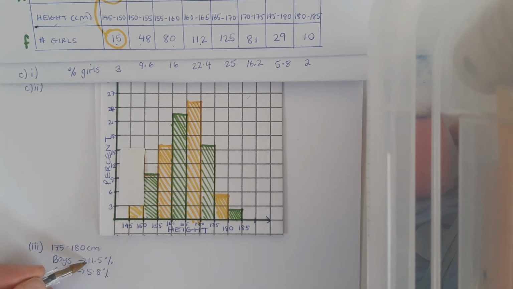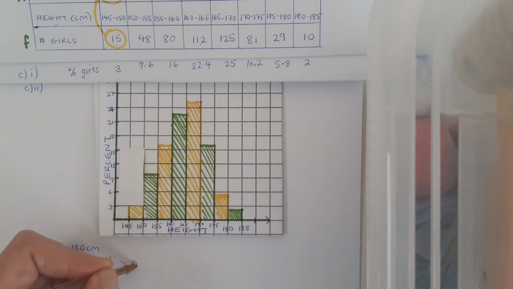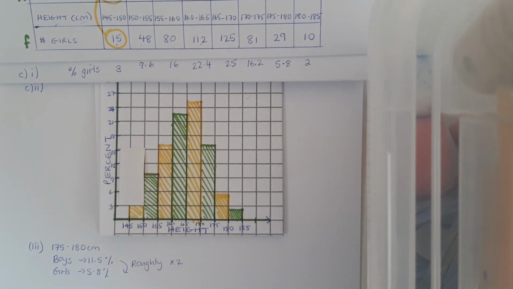So 11.5% is roughly twice as big as 5.8%. So we can say that, yes, the histogram supports the claim.